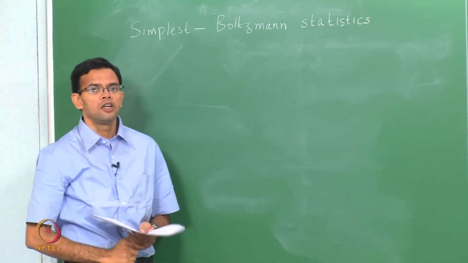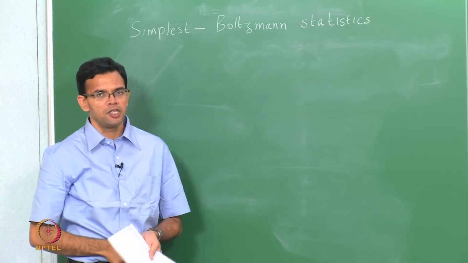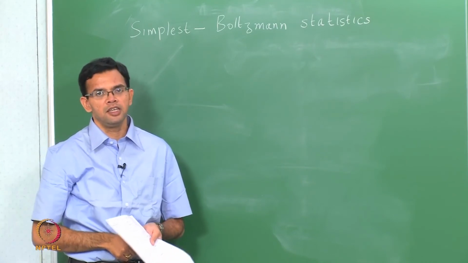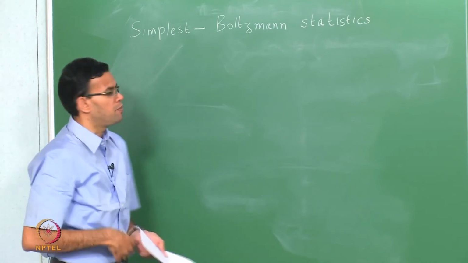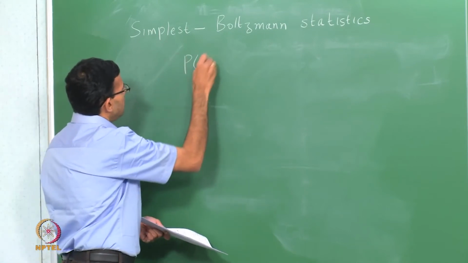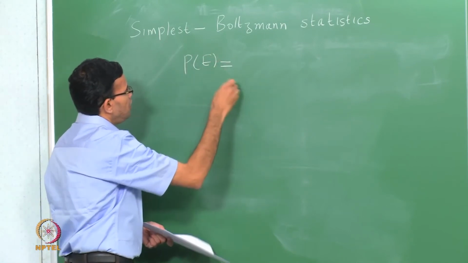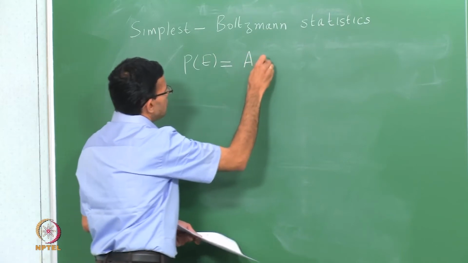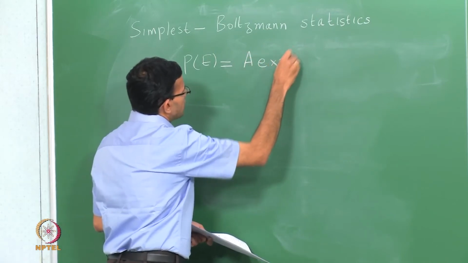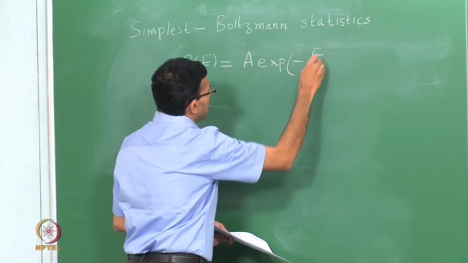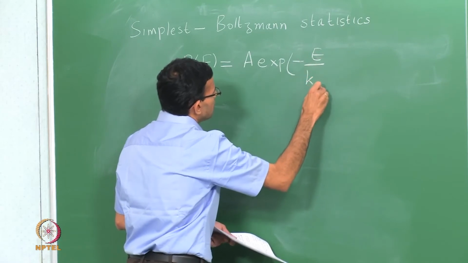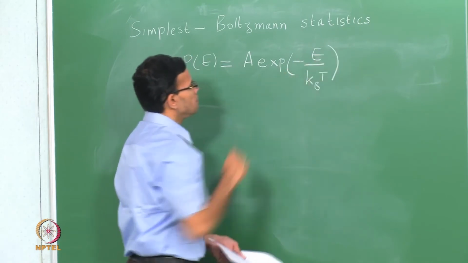According to this, the probability of occupation of an energy state E as a function of temperature is given by the expression P of E equals some constant times exponential of minus E over kBT.